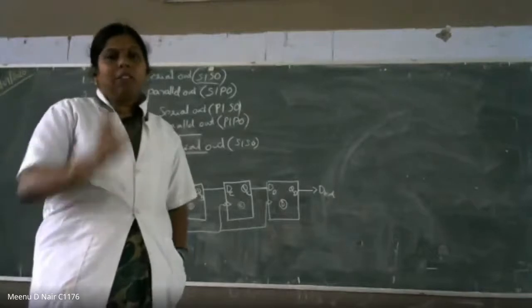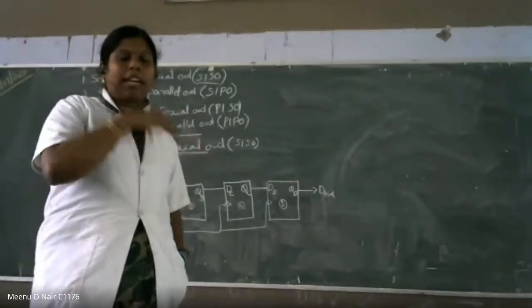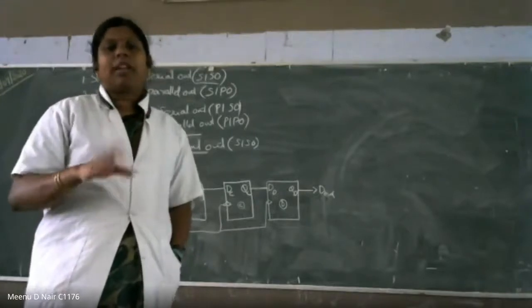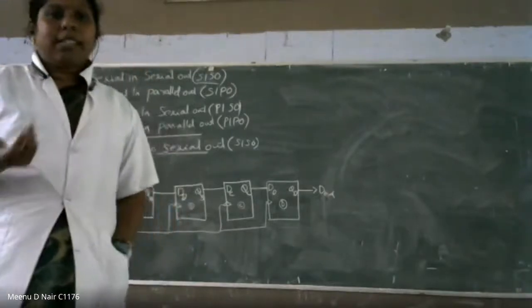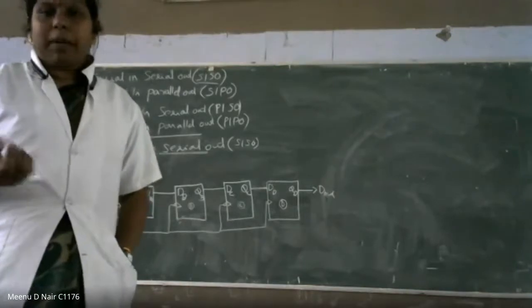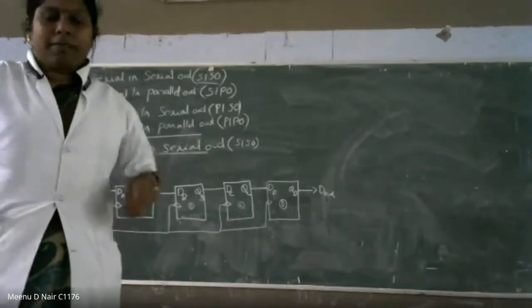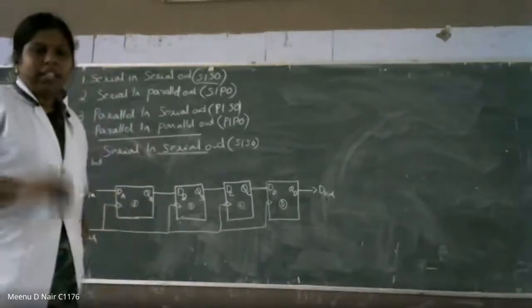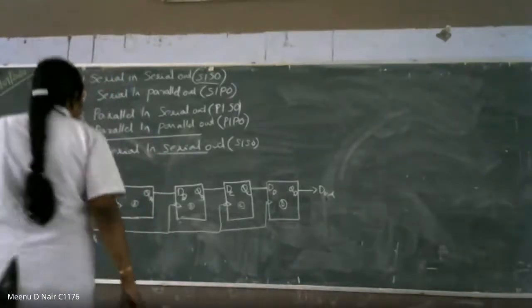In the parallel connection, in a single clock pulse you can transfer 8 bits of data. So that is the speed difference. Parallel is faster than serial. That you have studied already.